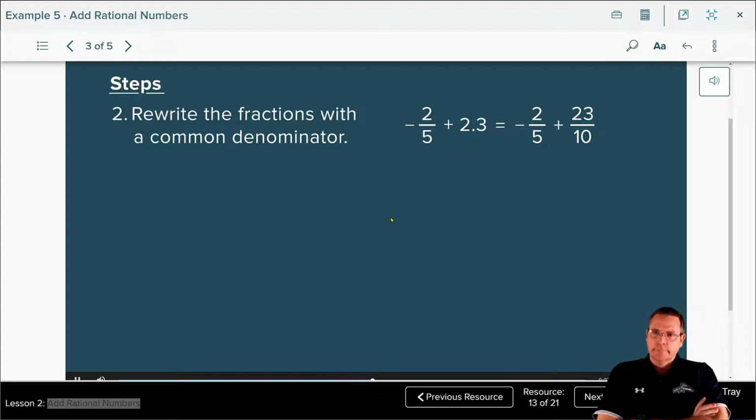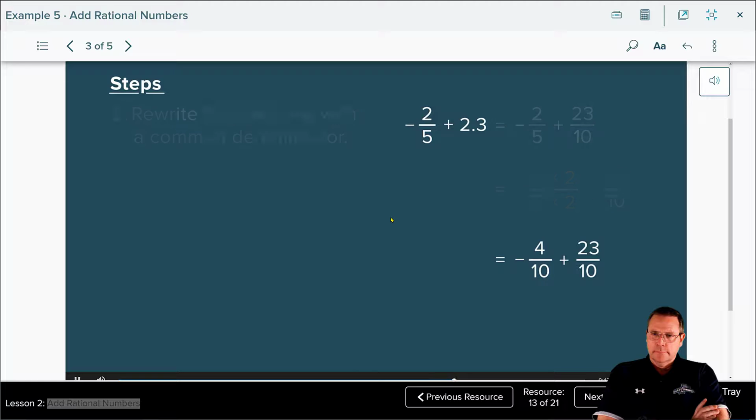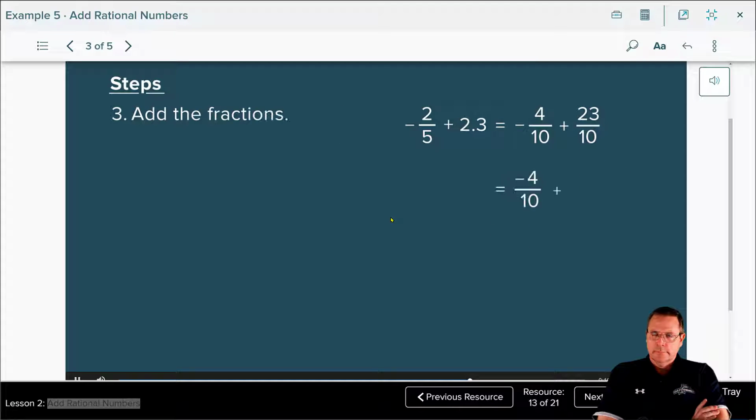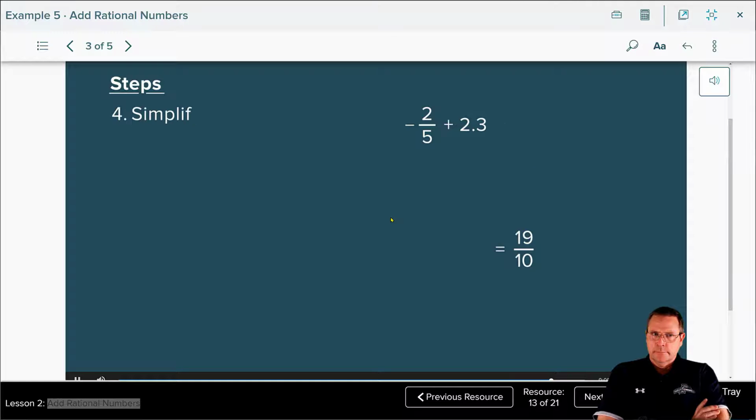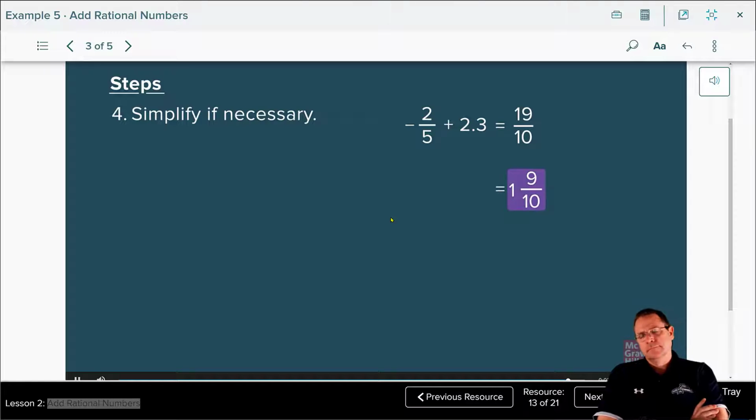To rewrite a fraction, multiply its numerator and denominator by the same number. Next, add the fractions. Move any negative signs to the numerators of the fractions. Then, add the numerators and write the result over the common denominator. Finally, simplify the sum and rewrite as a mixed number.